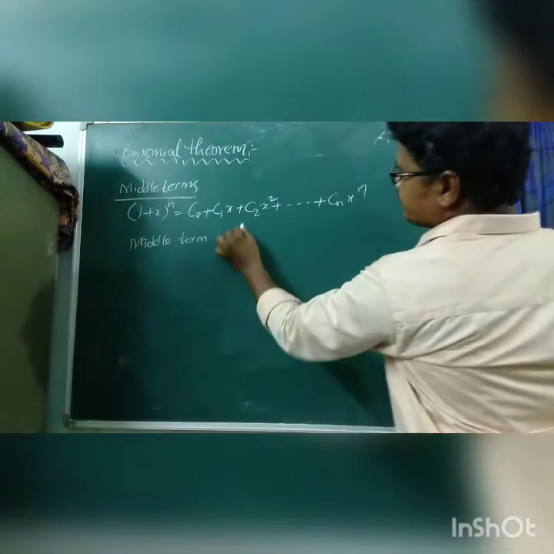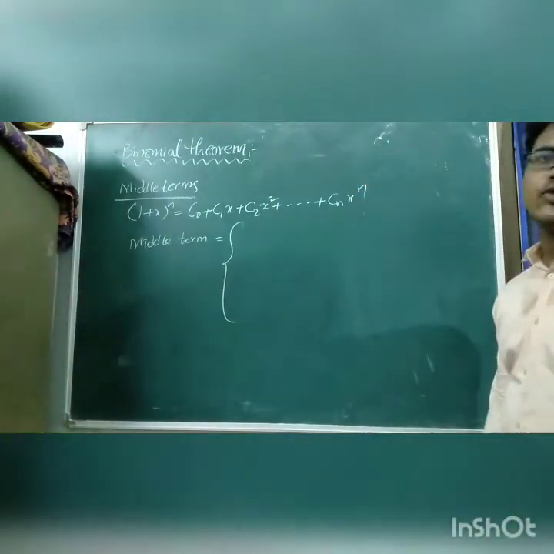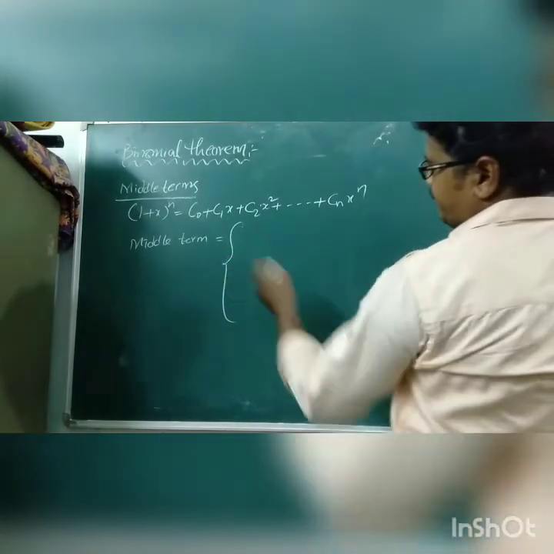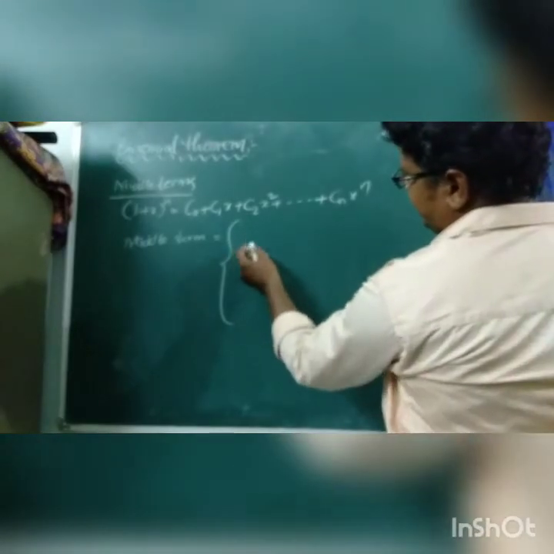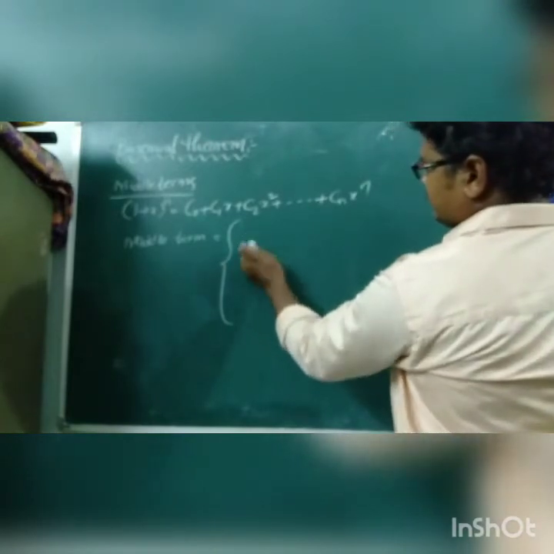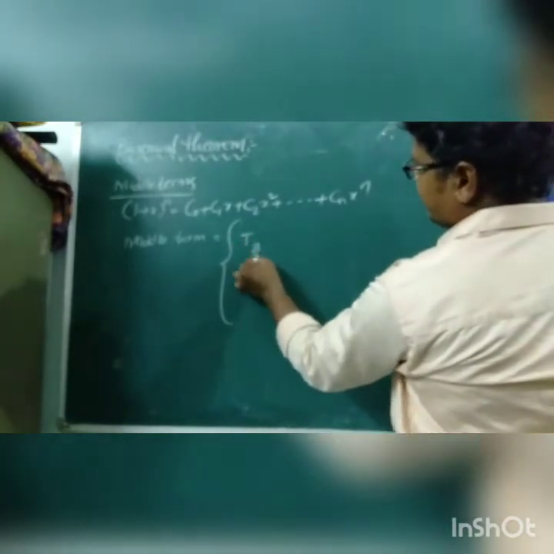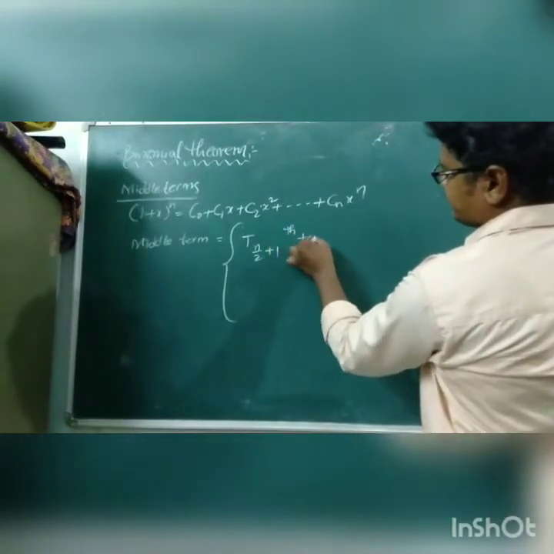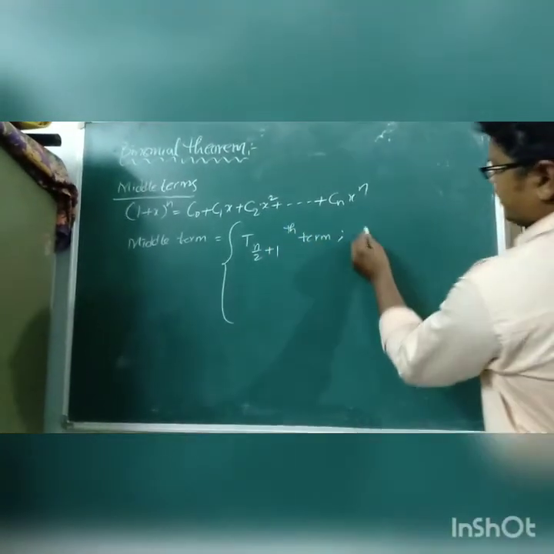Here we arise two cases. The middle term is equal to the T(n/2 + 1) term if n is even.